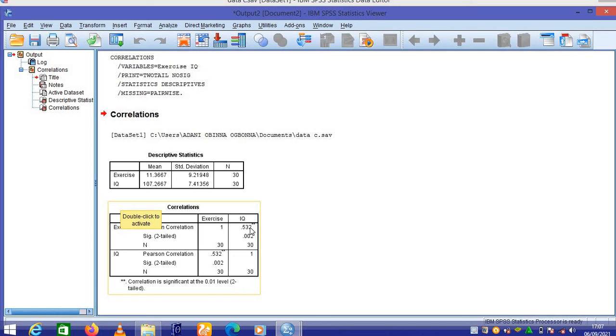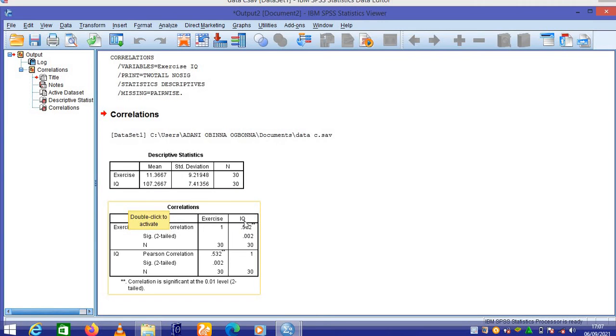And the association is a positive one, because looking at the strength of association, the Pearson correlation coefficient is 0.532. There is no negative sign, telling you that this is a positive correlation of moderate strength. This is a moderate correlation between exercise and IQ.